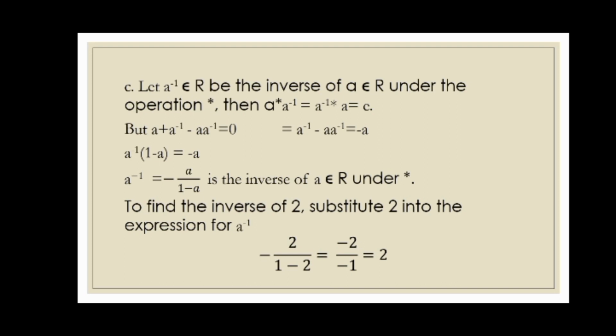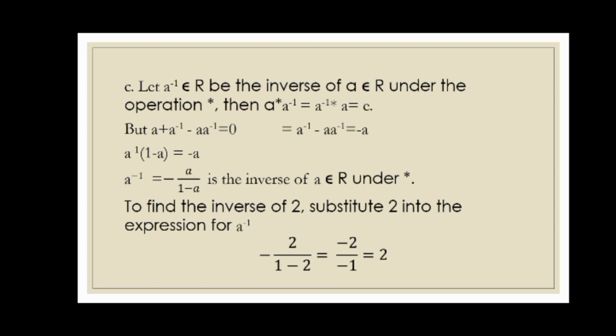Okay. So to find the inverse of 2, our last question, we have to substitute 2 into the expression for the answer we had. A inverse is equal to negative A over 1 minus A. So A now is 2, from the question.